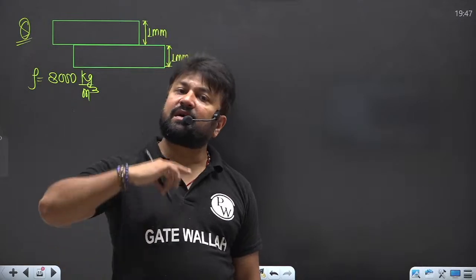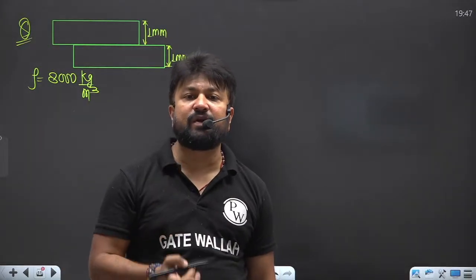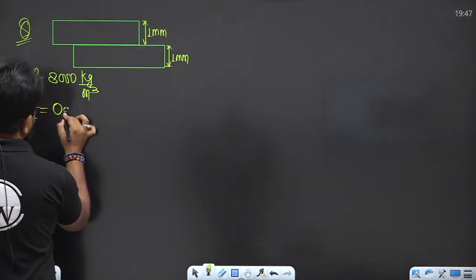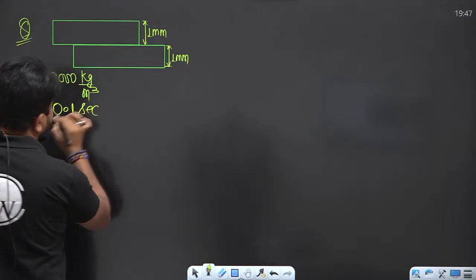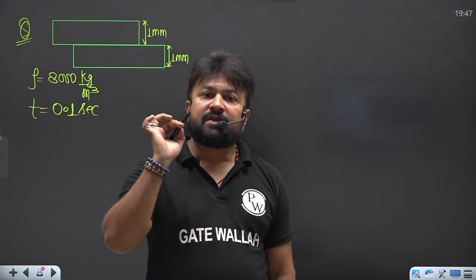It is done successfully by passing a certain amount of current for a time of up to 0.1 second. Here the welding time is 0.1 second, through the electrode.